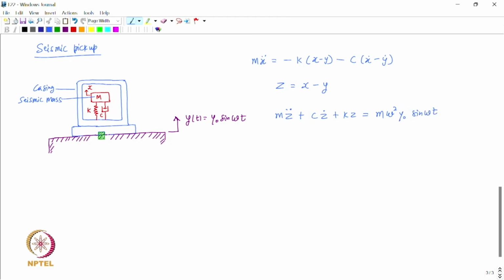So, here the seismic mass is essentially being subjected to a base excitation, right, y of t, and z is the relative displacement of the seismic mass.